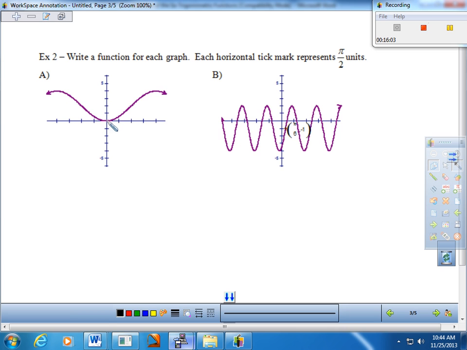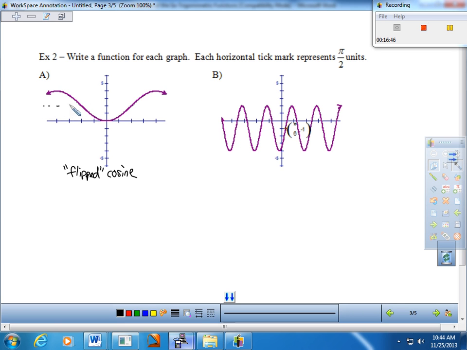Again, it looks like the y-intercept is the minimum of our sinusoidal wave. So as a result, sine or cosine? Well, I think we referred to this as the flipped cosine. And obviously, we'll figure that out momentarily. So flipped cosine, and let's see what we want to do.